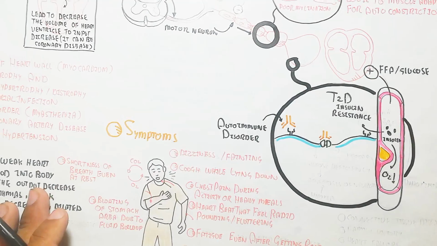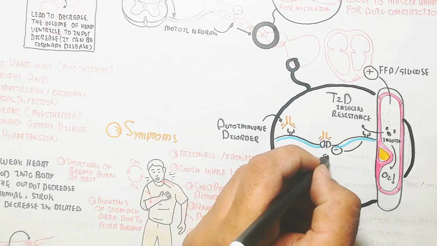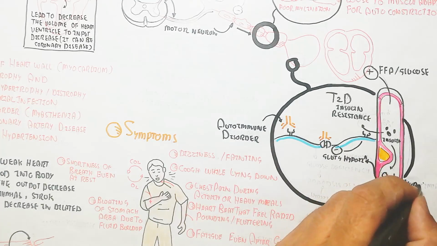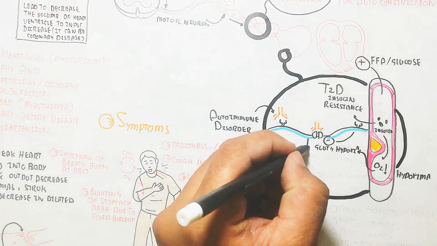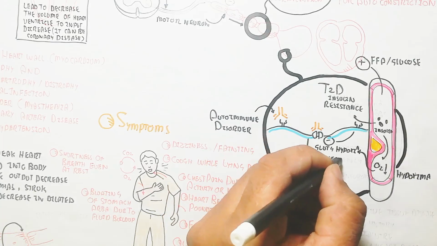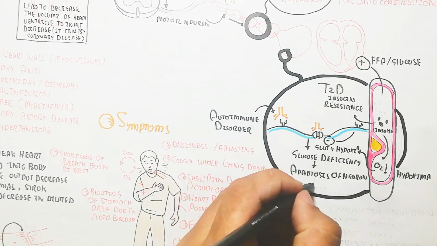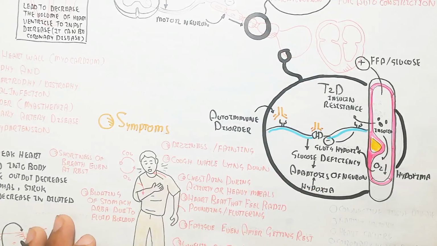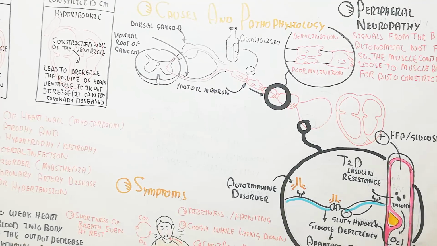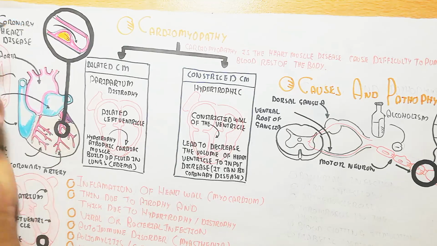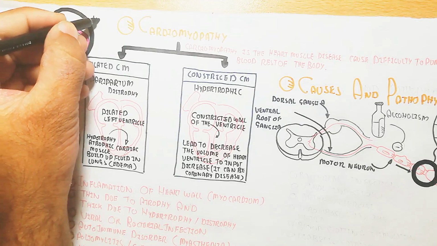Free fatty acid and glucose are used by the heart muscle, while type 2 diabetes and insulin resistance also cause cardiomyopathy, and hypoxia due to coronary artery disease will lead to glucose deficiency, and apoptosis of the neuron also occurs, and hypoxia due to atherosclerosis.